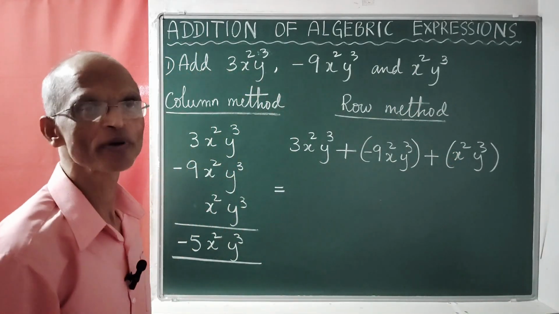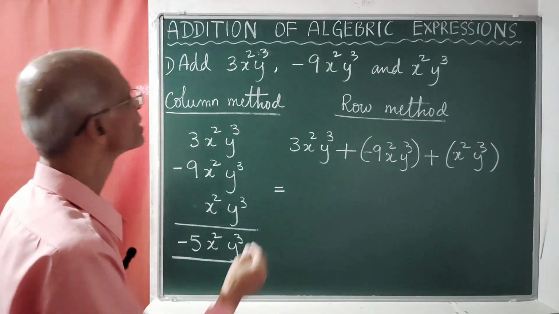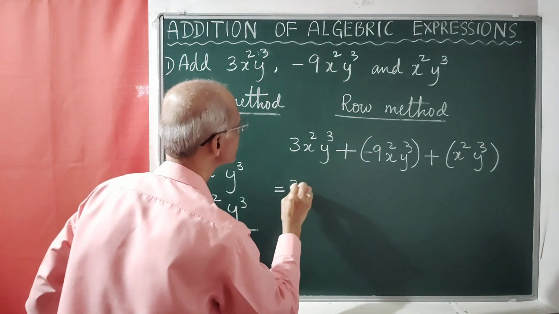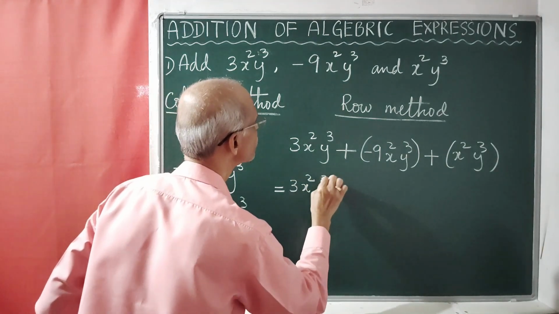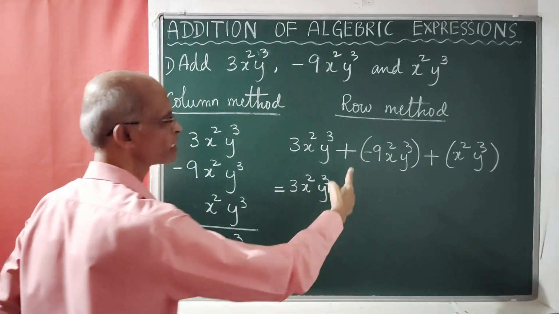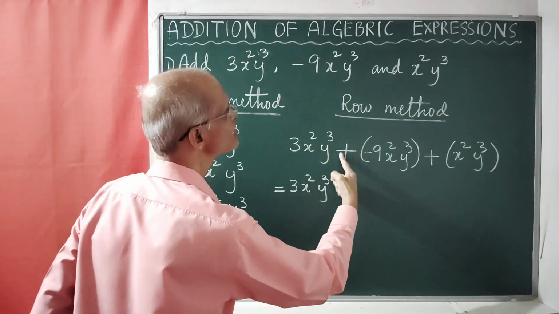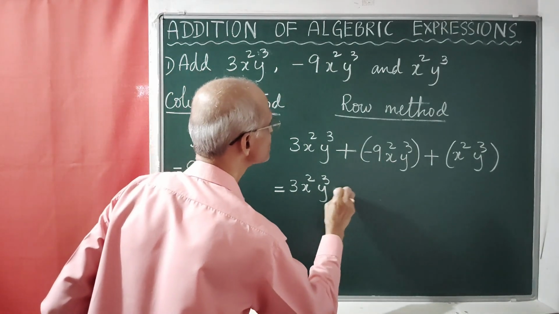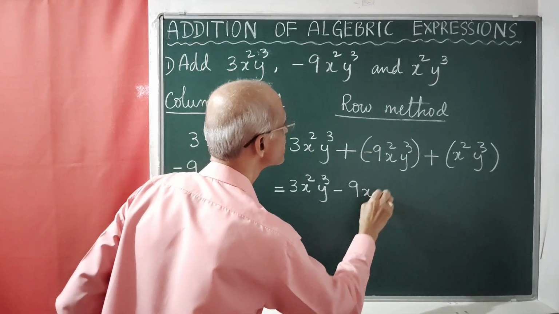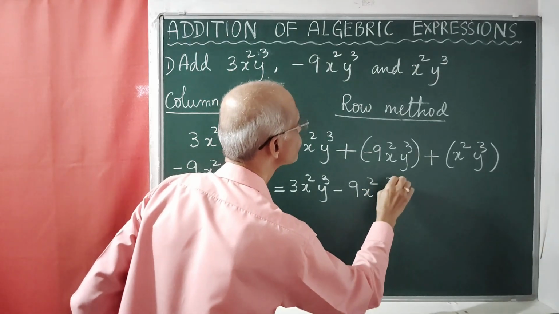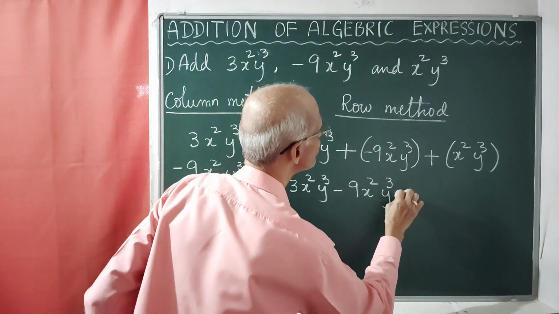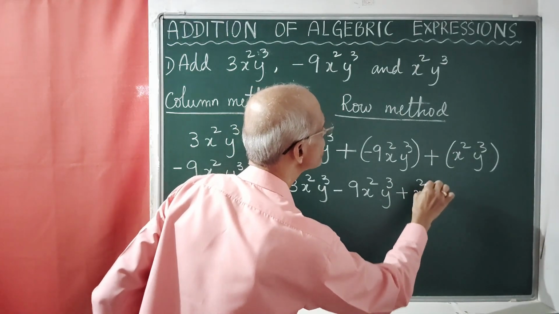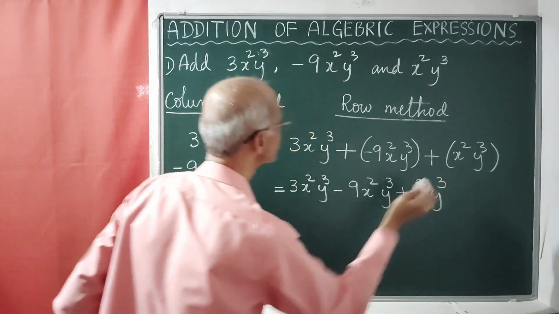Now the next step, you have to open the brackets. Write the first one as it is, 3x square y cube. Now we need to open the brackets here. Plus into minus is minus. So minus 9x square y cube. Here plus into plus is plus x square y cube.